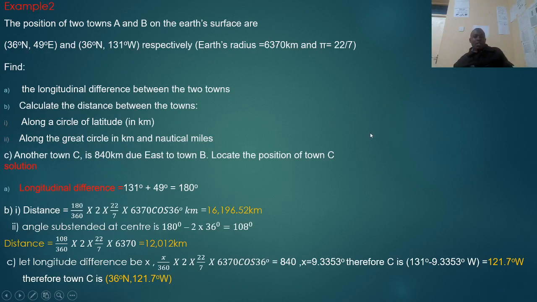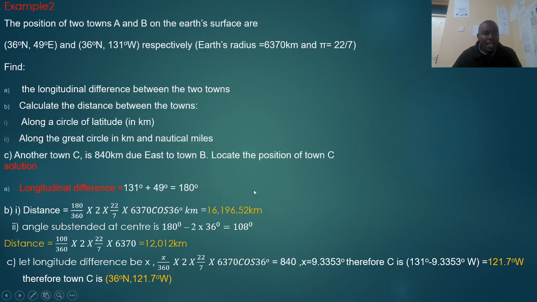So the angle subtended at the center will be 180 minus 36 times 2, which is 72. 180 minus 72 gives you 108 degrees. This is the angle that will be subtended at the center of that arc for part B.